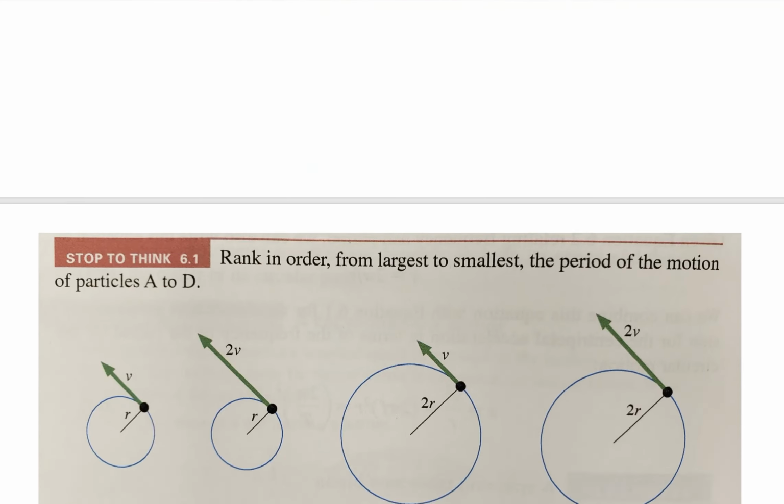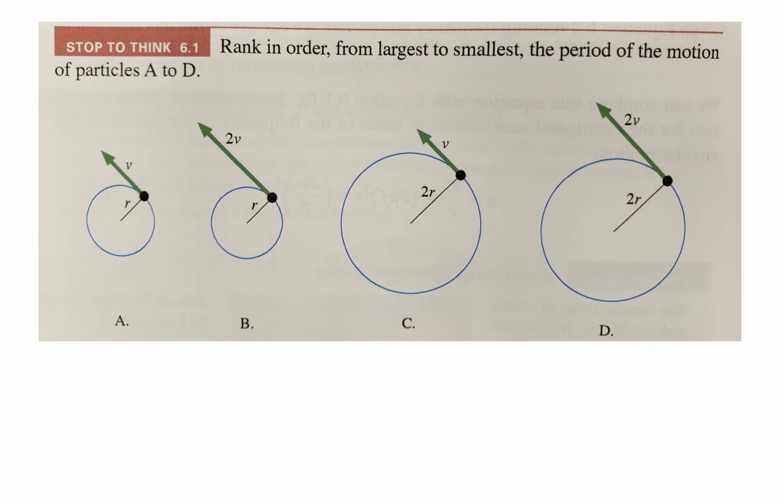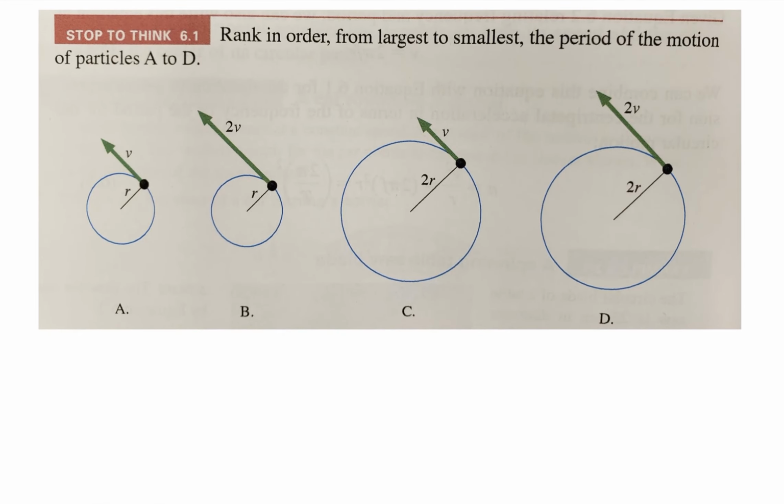So that's that problem. And now the last thing that we want to talk about here is rank in order from largest to smallest the period of the motion of particles A through D. So we think about this, and always we want to try to apply some sort of formula or some sort of concept to these types of problems so we understand how things change.